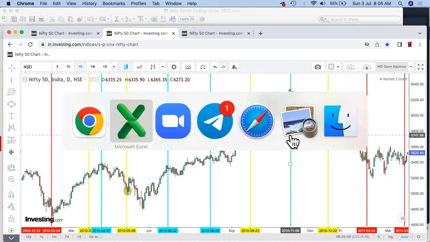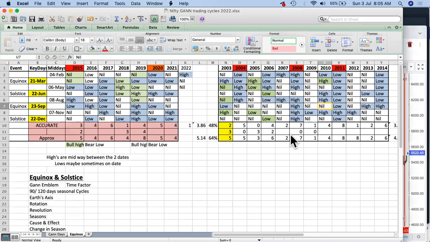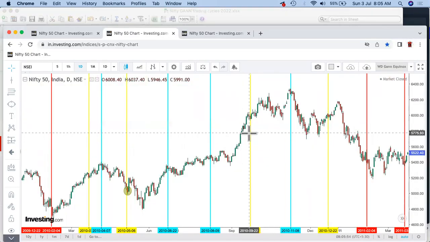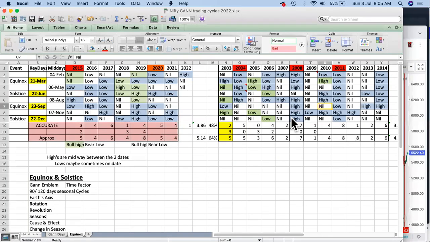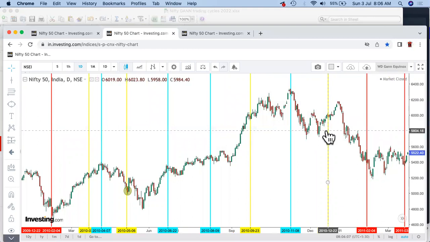That is 7th of November. Sorry, we had been there on 23rd. So 23rd was nothing. After that, we got this date, which is 7th of November. So 7th of November was a high. And after that, we come down to the next date, which is 22nd of December. So 22nd of December, again, not really a low, not really a high, somewhere midway.